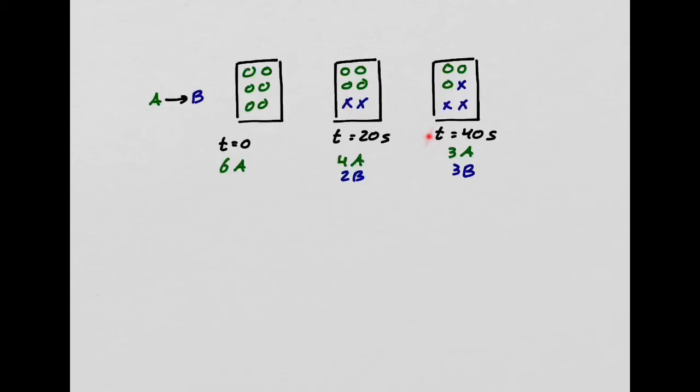At time T is time 4 seconds, now I have 3A and I have 3B. So as the time goes by, more and more products are going to form. So hopefully that gives you kind of a visual picture that for reaction A going to B, there are two ways we can measure the rate. We can measure it based on how many of the A is going to go away, or we can measure it based on how many of the B is going to appear. You can follow me so far?